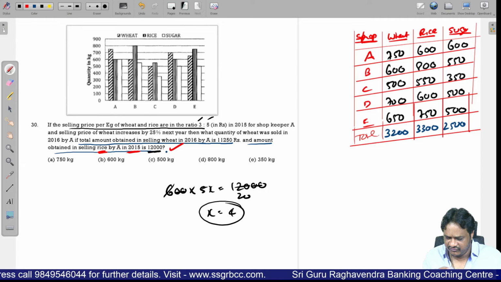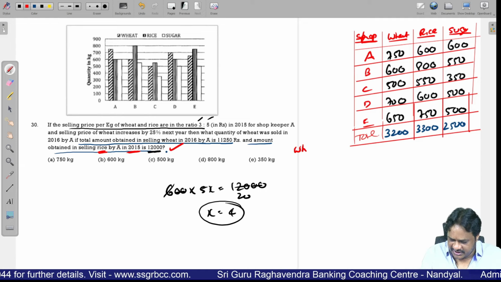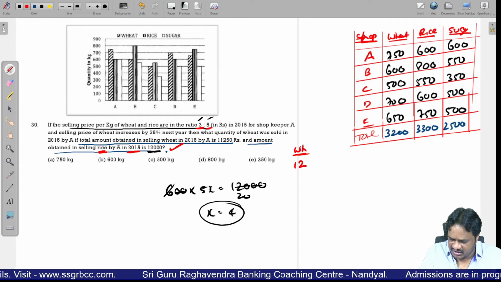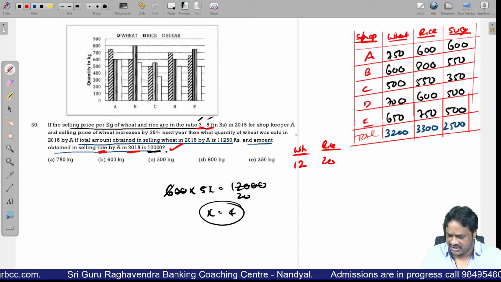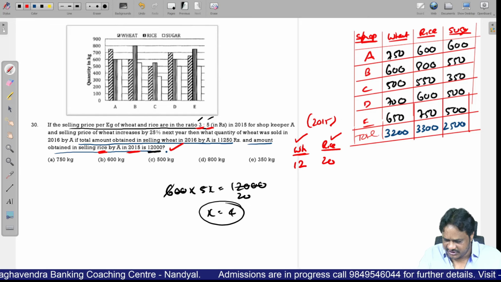The x value is 4. If x value is 4, the wheat price is 3x, which means 3 into 4, 12. Rice will be 5x, 5 into 4, 20. The price of wheat is 12 rupees. The price of rice is 20 rupees. That is in 2015.